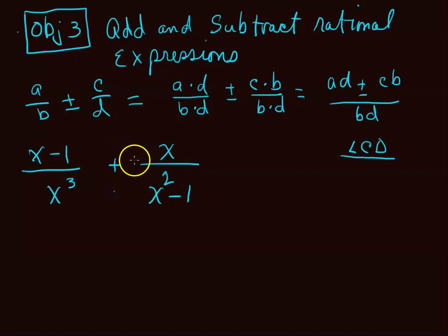Okay. So, in order to combine these two, we need a common denominator. In order to find the common denominator, we need all the factors. Now this says x cubed, but its factor is only x. X squared minus 1 can be factored to x plus 1 and x minus 1.